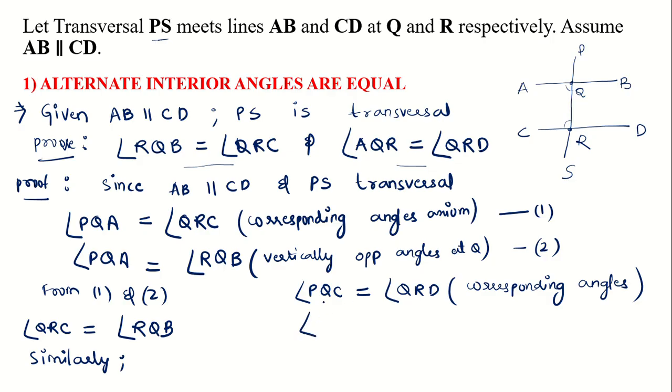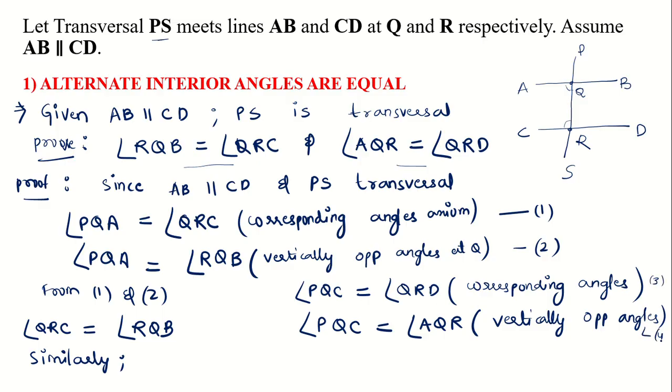Next, we need to look for vertically opposite angles, right? So the second statement you'll get as angle PQC is equal to angle AQR. These are your vertically opposite angles at your point Q. Now let this be your equation 3 and let this be your equation 4.